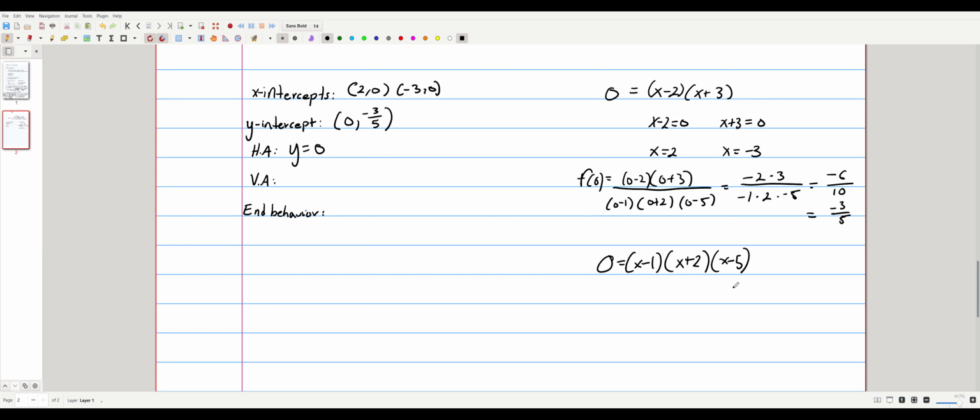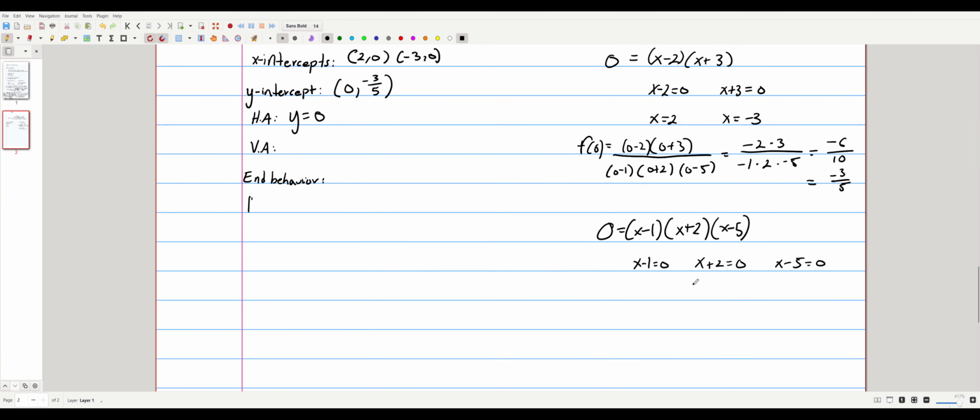Okay, so now that we have these three binomials multiplied to 0, we're going to do the same thing we did for the x-intercepts. You take the inside of each of them, set it equal to 0, and solve. The only issue now is these are binomials on the bottom of our rational function, and so these are values that are not going to be in our domain, right?